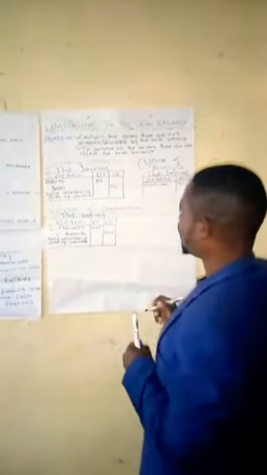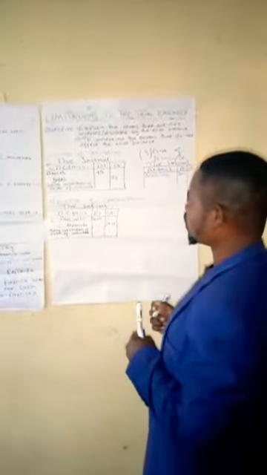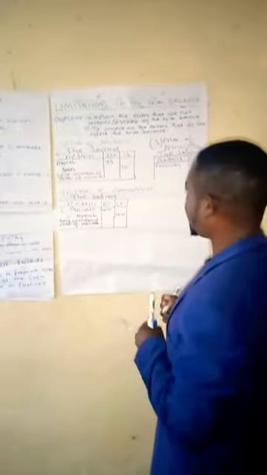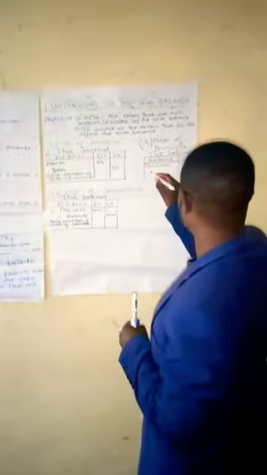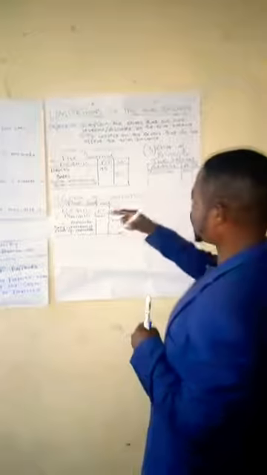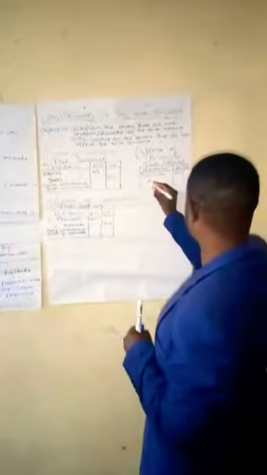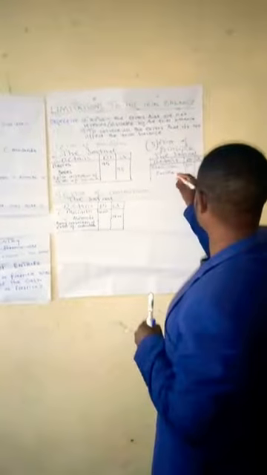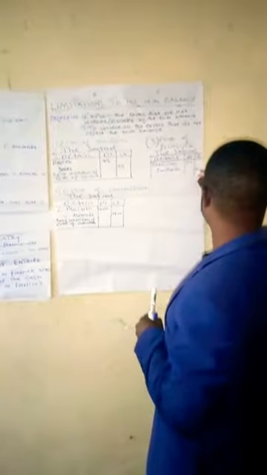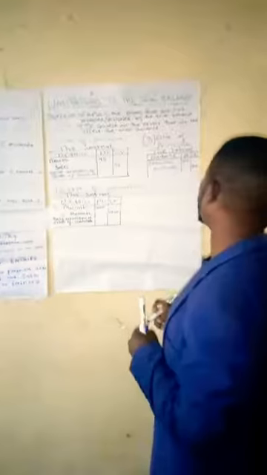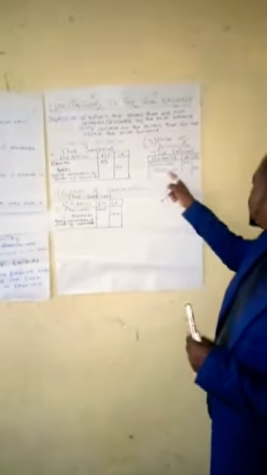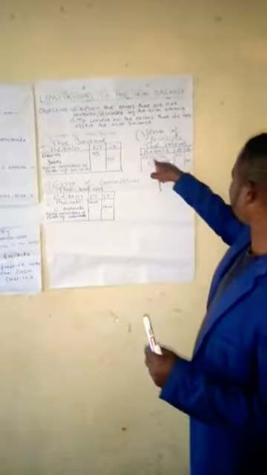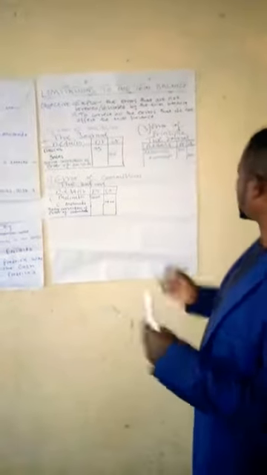Now, since purchases was recorded here, and we must cancel that one, and it had a debit balance, to cancel it we must record on the credit side. So it has to appear here, purchases on the credit side, 800 kwacha. By doing this, it means you have cancelled this purchases account, which shouldn't be there, and you have opened the machinery account, which should be there.